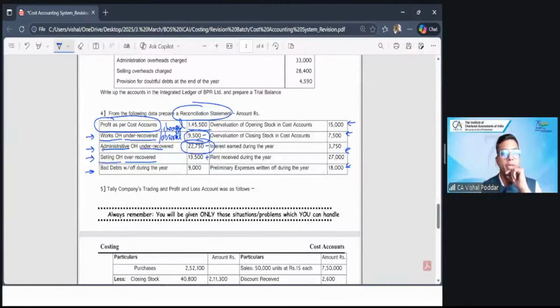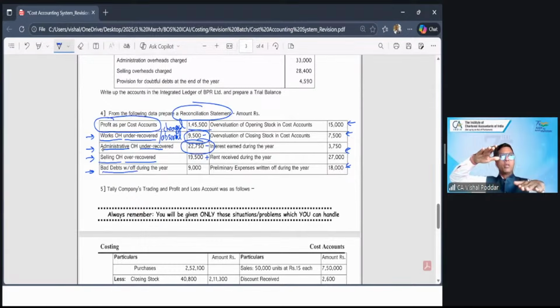Now comes some other adjustments. Bad debts written off. Now, bad debts is purely a financial figure. It is a financial expense which is not considered in costing. It is only charged in financial books. Now, if it is charged in financial books, what is the impact? The impact is that because of this figure, the financial profits would be lowered.